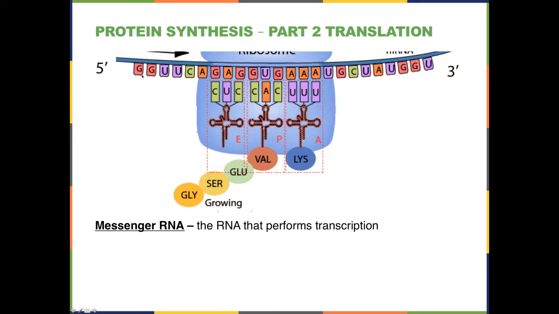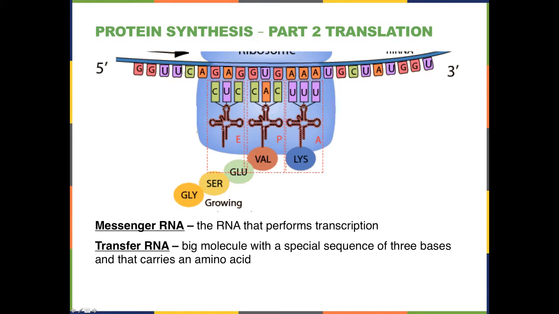And as it does that, these transfer RNAs, which are shown right here, which are these big old molecules that have a special sequence of bases called anticodons, line up with the corresponding 3 bases on the messenger RNA.